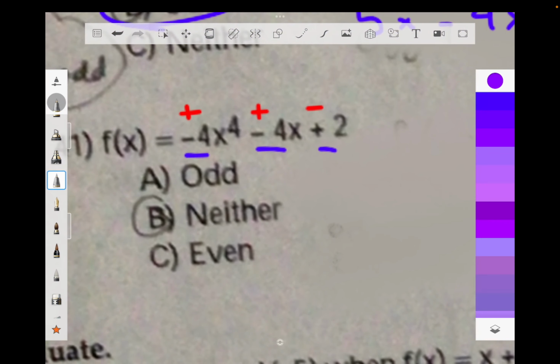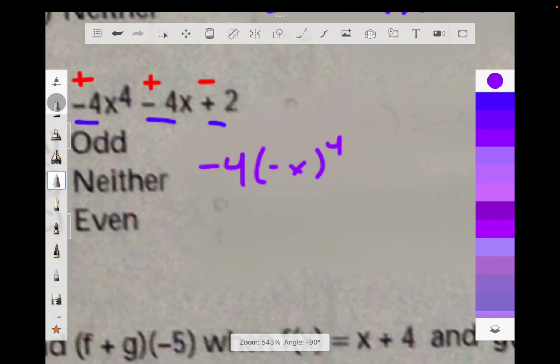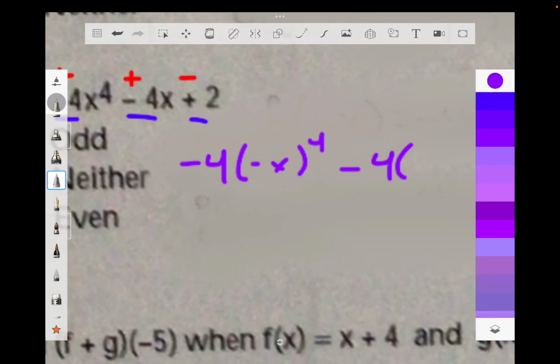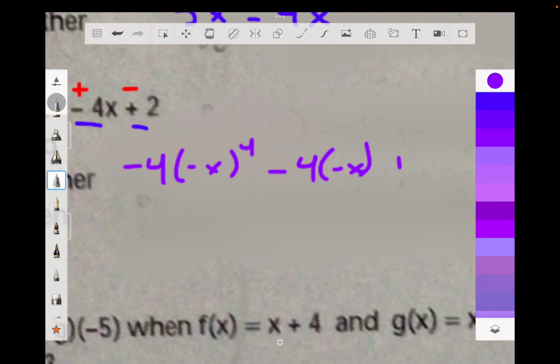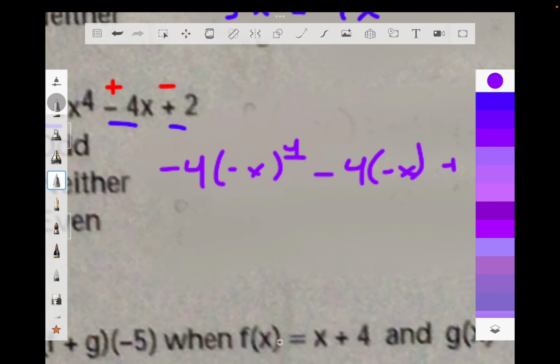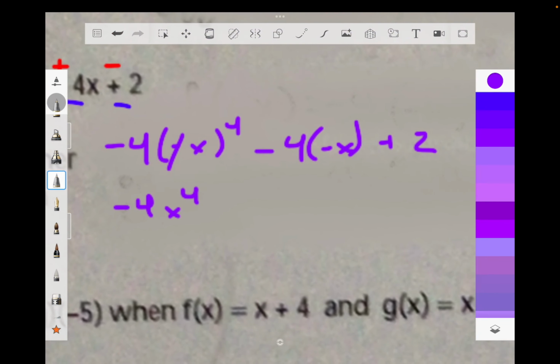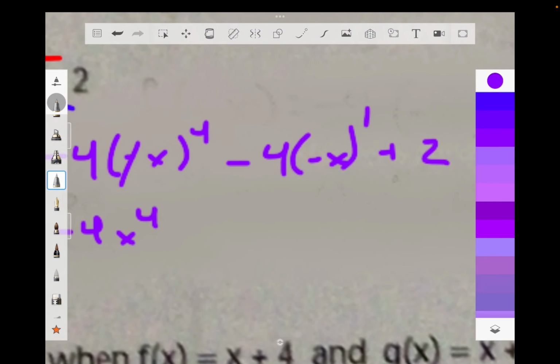So let's do this. So negative 4 times negative x to the fourth, minus 4 times negative x, plus 2. Even exponent, this goes away. So it's going to be negative 4x to the fourth. Technically, this is an odd exponent because it's to the 1.